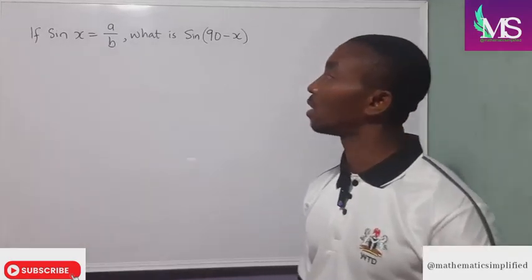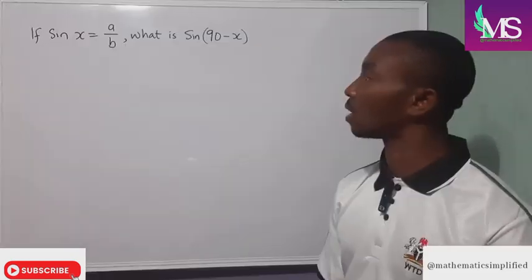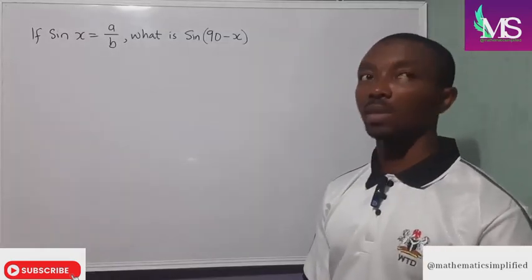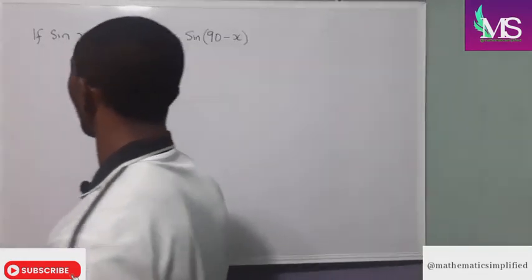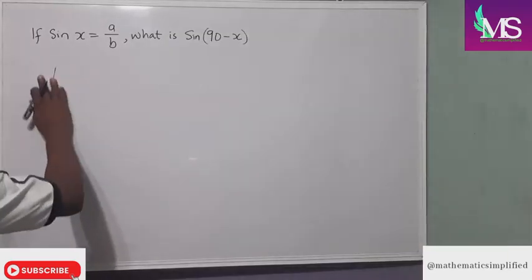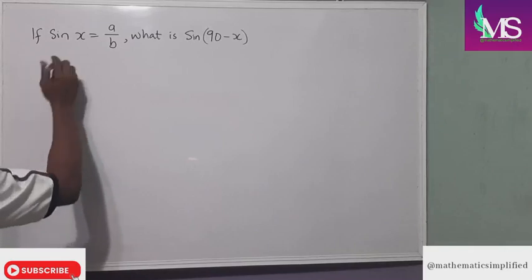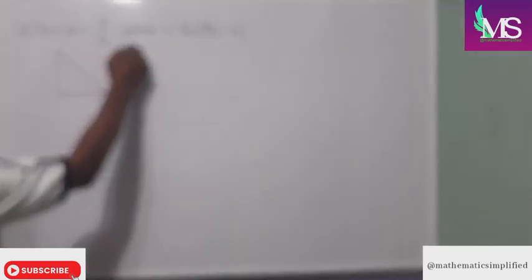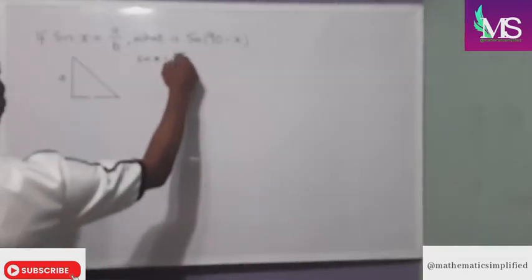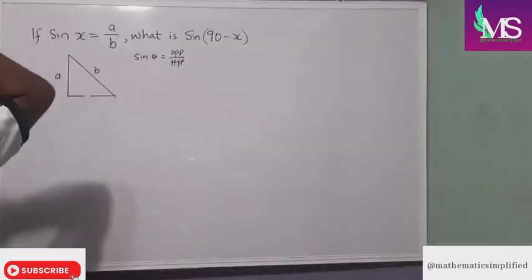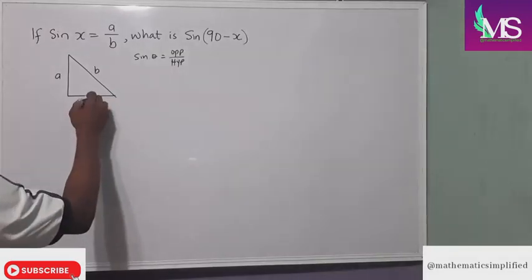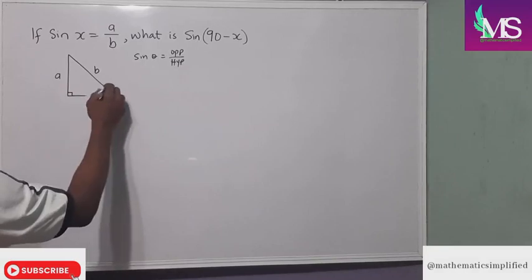Alright, our question says if sine x equals a over b, what is sine 90 minus x? Now, if we draw our right angle triangle, we know that sine equals opposite over hypotenuse, and a will be our opposite, b our hypotenuse, and c our adjacent.